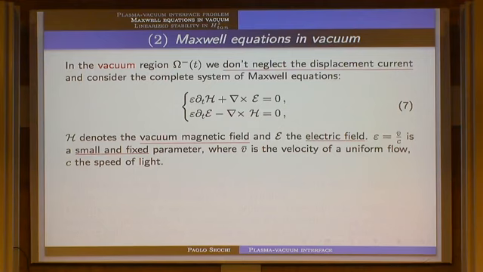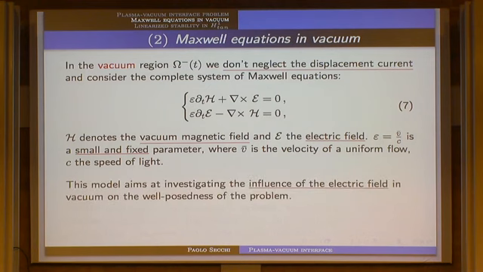Okay, so we can take this system of equations for the vacuum, and we do that because we want to see what is the influence of the electric field, which was neglected before in the other possibility, where we studied the problem with the pre-Maxwell.